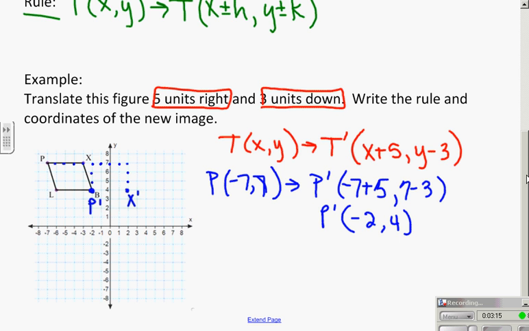And then you can go ahead and plot that. And then we can go ahead and we can say that X is at negative 3, 7. So that means that X prime is at negative 3 plus 5 and 7 minus 3.